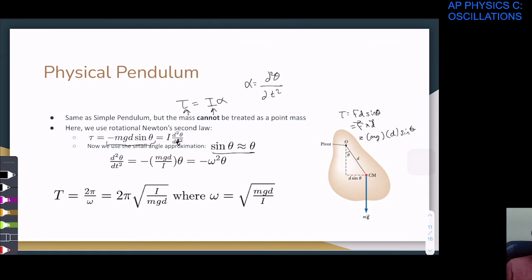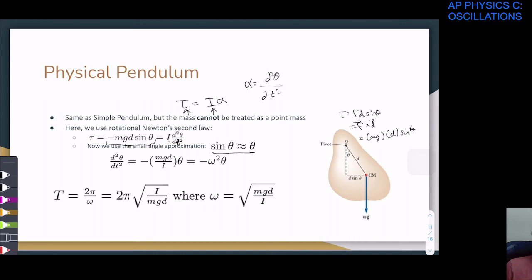That's over here. And we have I, which is our moment of inertia, and we have our angular acceleration. Now we're going to do the same thing. This comes up a lot in physics and engineering: we use the small angle approximation, which says that if theta is written in radians, then sine of theta is approximately theta. Once we do that, we first solve for this quantity here.